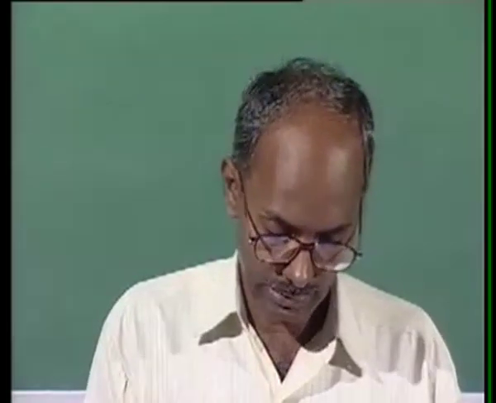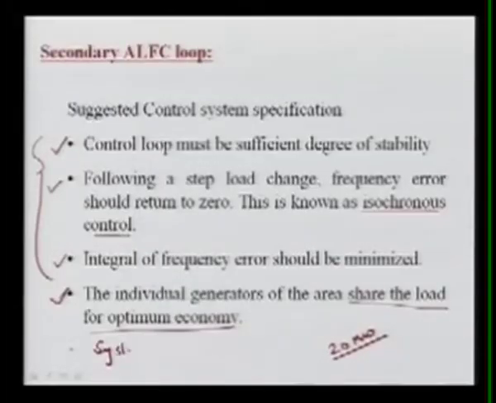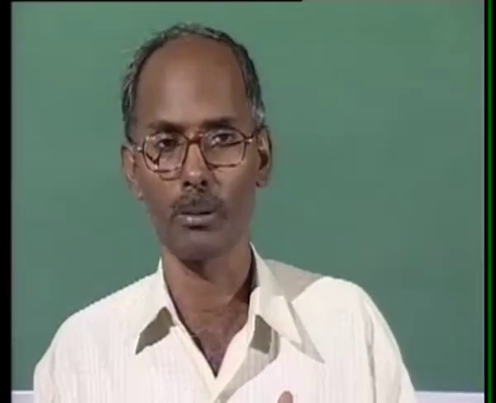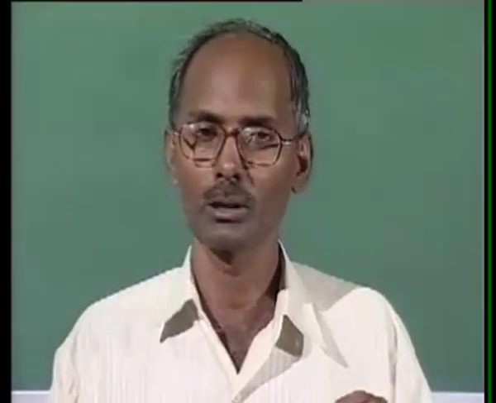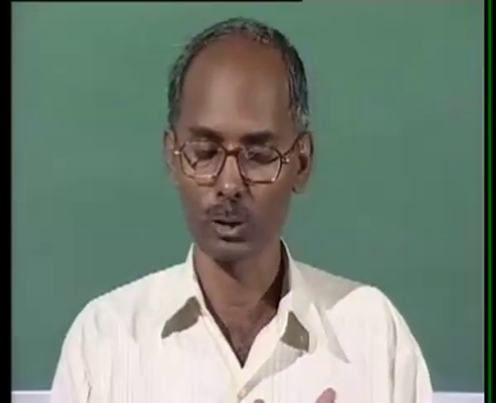Because if your overshoot is more, there is a possibility that it may create a lot of problems. We always try to have the minimum overshoot, and also the settling time should be fast enough. Then it is called your control specification.